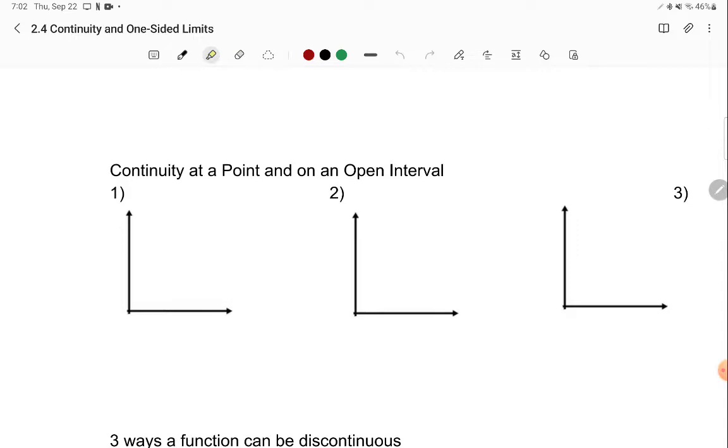All right, so let's say our interval is from A to B, and there's this part C in between.